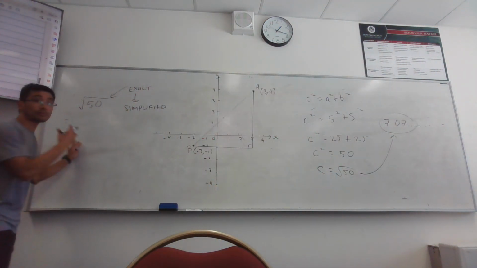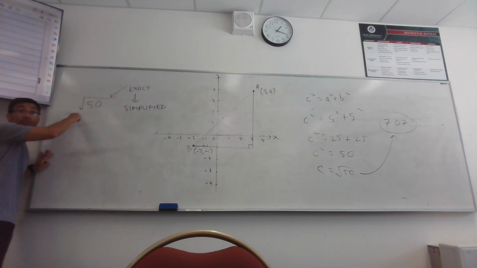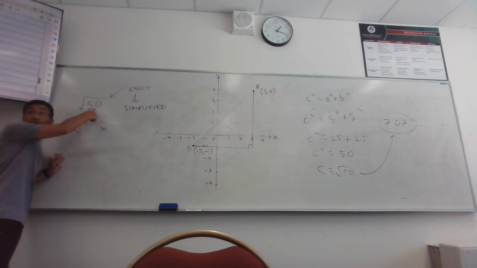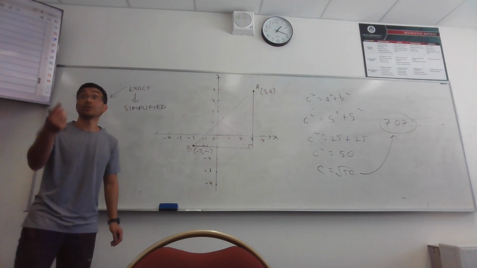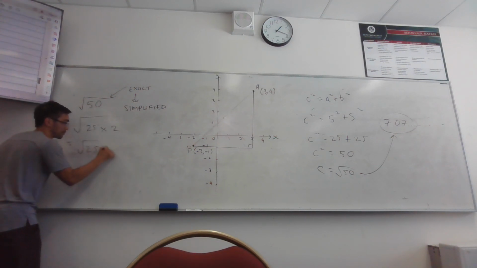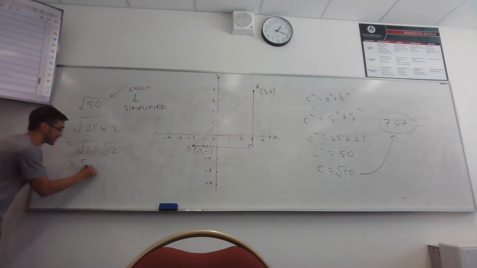So the trick here, which is already on the screen, if you're dealing with a square root, one of the factors that multiply to 50 has to be a square number. 25. What does 25 times what equal 50? 2. Then we can break it up. Square root of 25 is 5, so 5 root 2. That's exact.